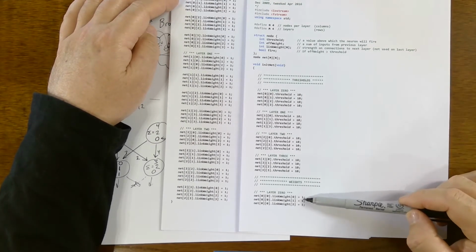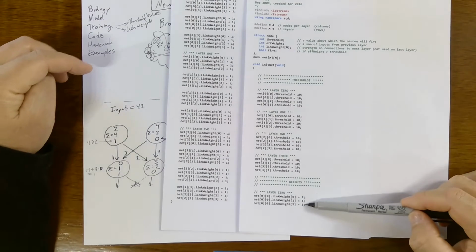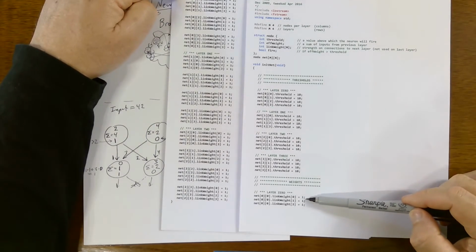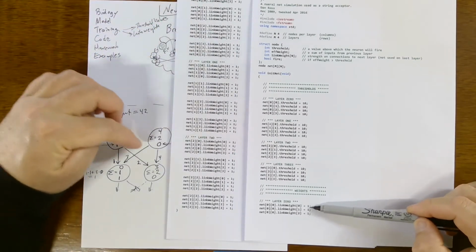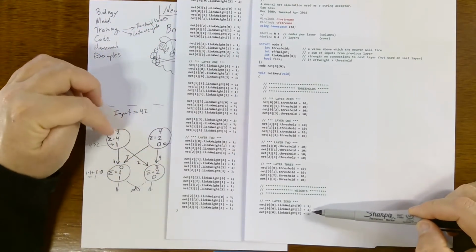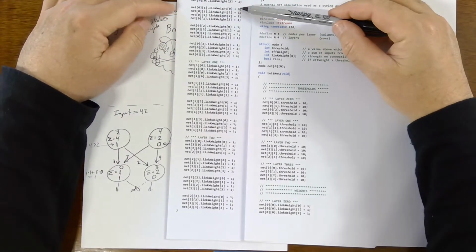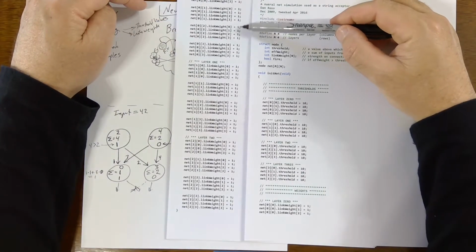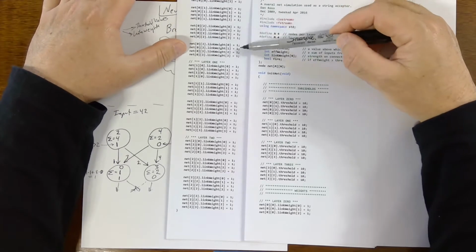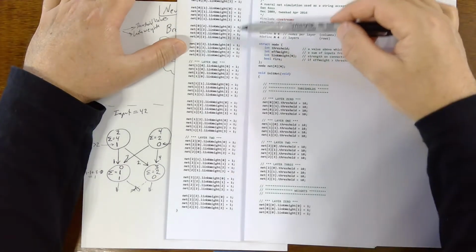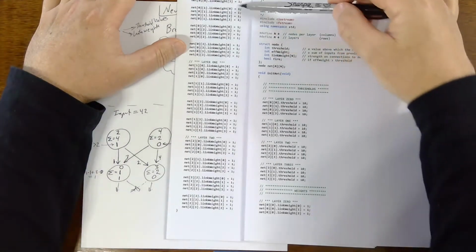So this is layer 0, and these are the 4 links on layer 1. It's the 4 links coming out of this node, and the next 4 links coming out of the next node, and so on. So these 4 rows here are the link weights for layer 1.